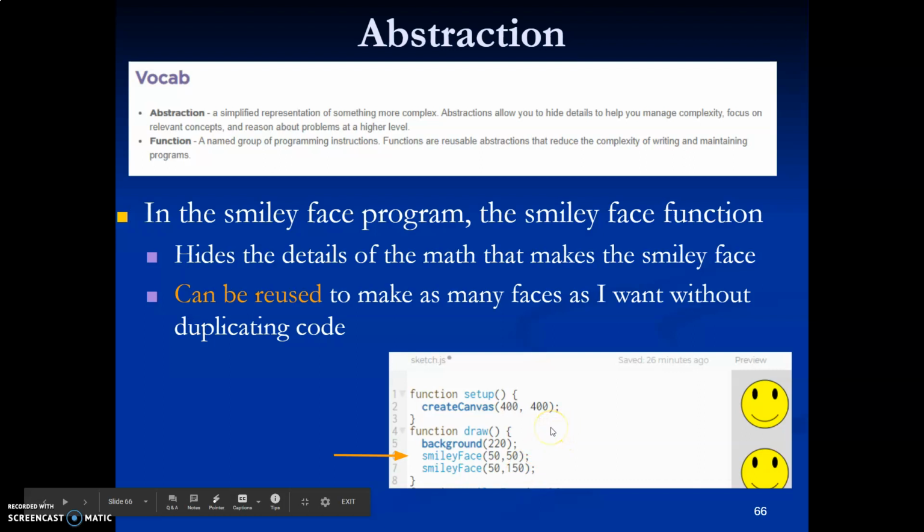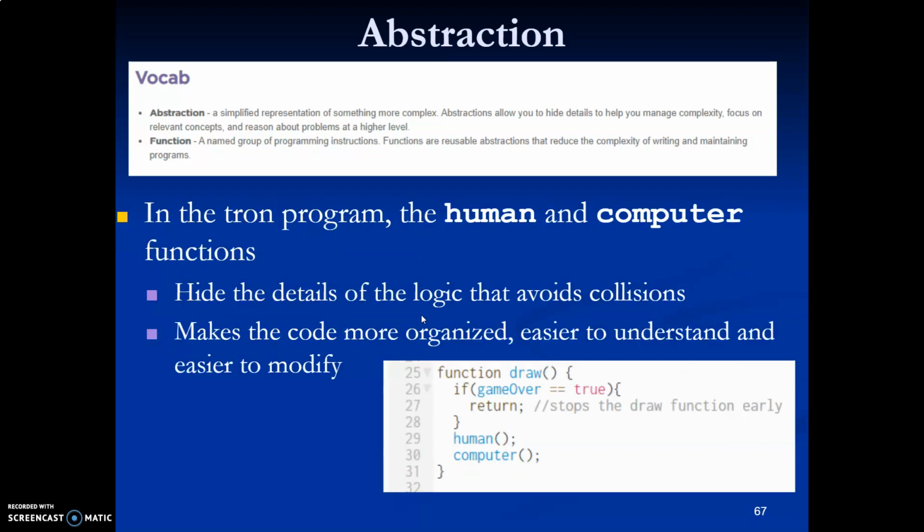Now I'm going to have a different smiley face in a different position. So this manages complexity by hiding the details of the math and making it easier to reuse my function. It makes it easier to make as many smiley faces as I wanted rather than having to duplicate code that gets ugly and mathematical.